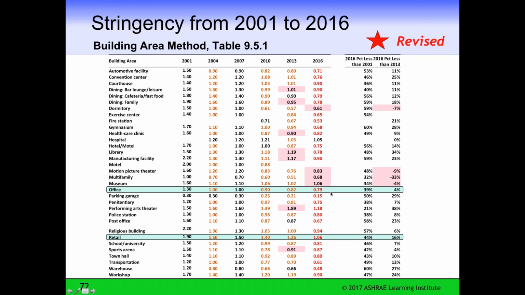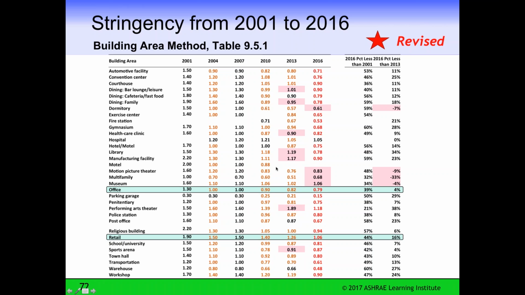So it's systematically reduced. It's now a savings of 39% from the original 2001 level. For retail, it went from 1.9 down to 1.06, a 44% savings. And the 2016 version of the standard had modest savings from 2013 for offices 4%, for retail 16%.